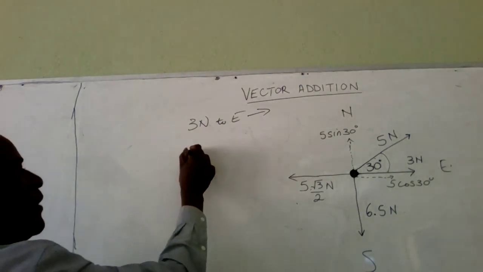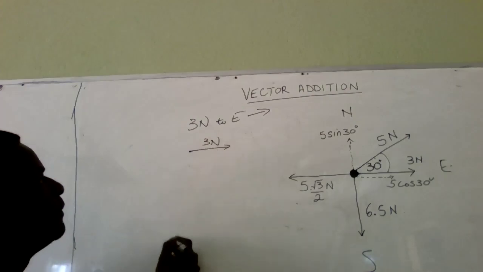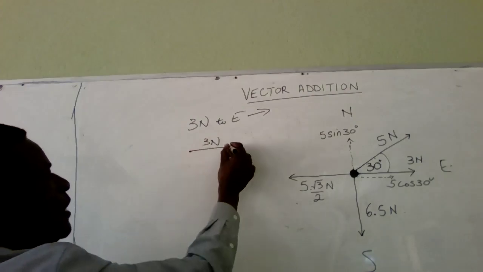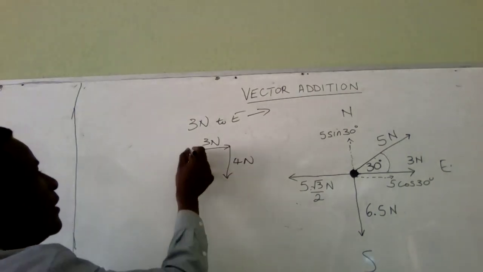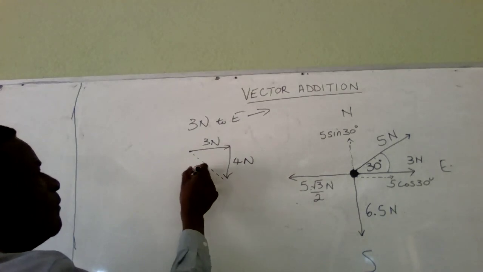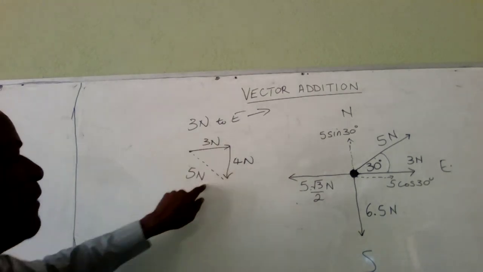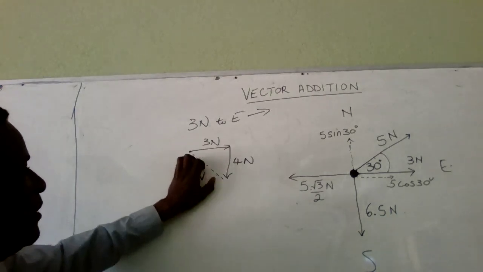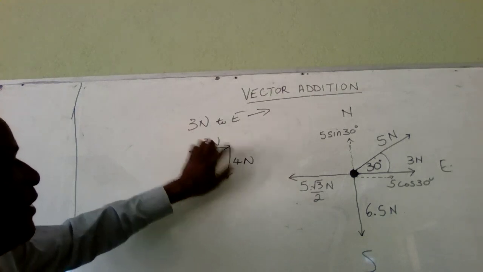So your final resultant will be 3 newtons there and 4 newtons there. So the resultant will be 5 newtons, because these are just the 3, 4, 5. To get the resultant, you use the same Pythagoras theorem again, and you know how to do it.